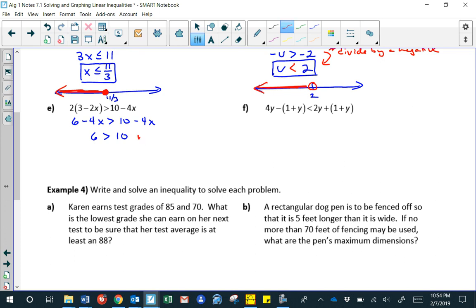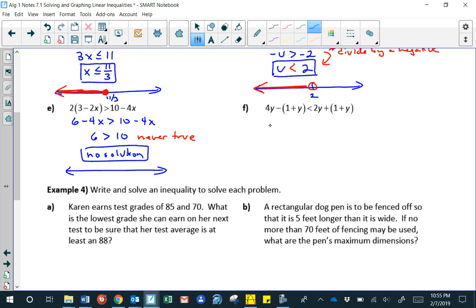That statement doesn't have a variable in it, and it's never true. If it's never true, that indicates that there is no solution. And if we were to graph that on the number line, we would just have a blank number line. Nothing would be shaded.